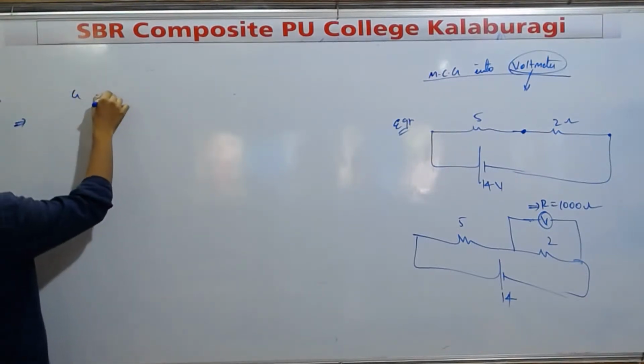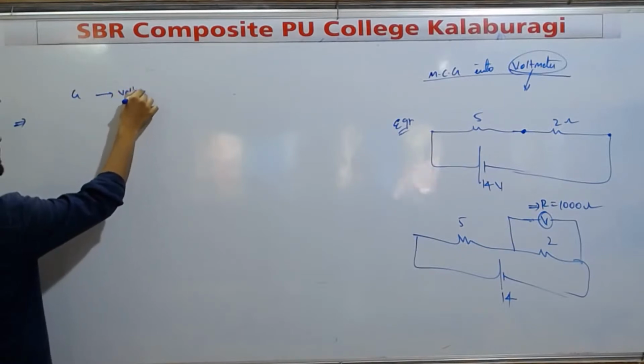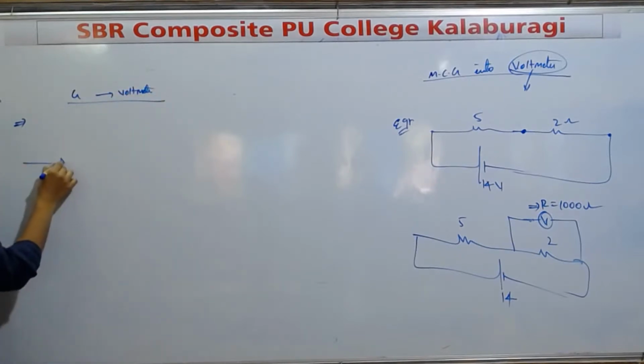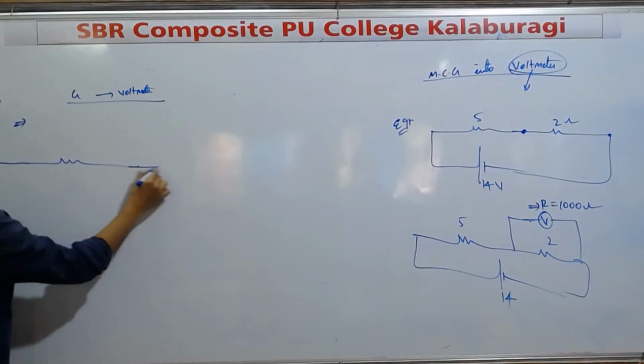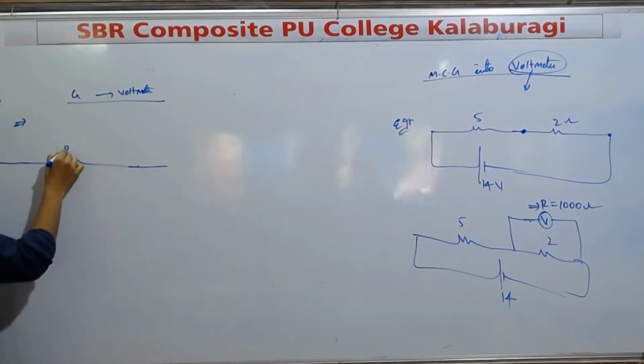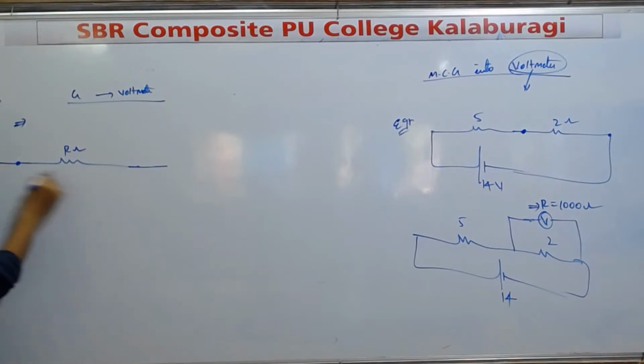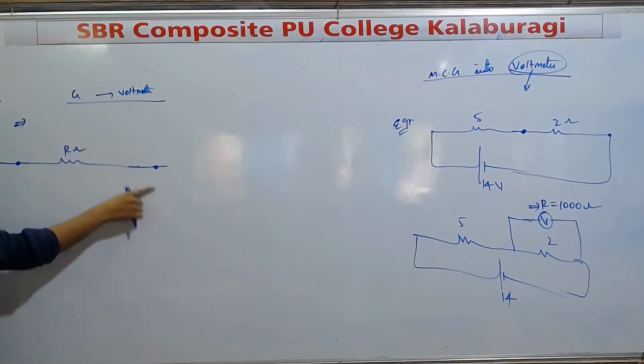How is a galvanometer converted to a voltmeter? For example, a resistor of R ohms is there. Across this, I have to calculate the potential difference.